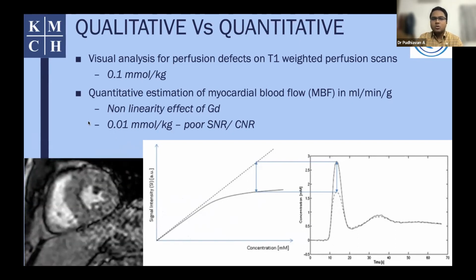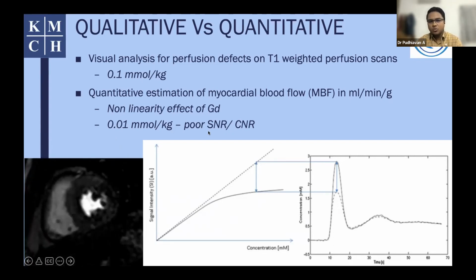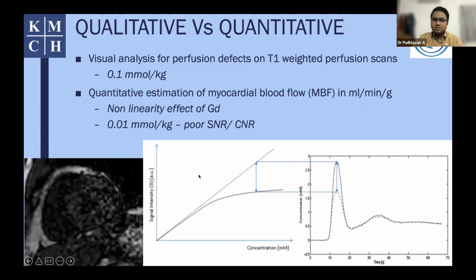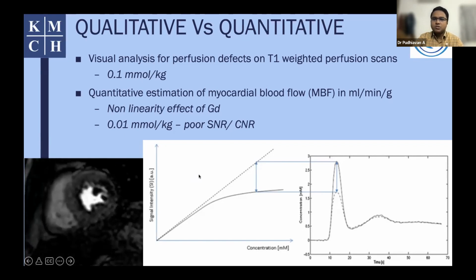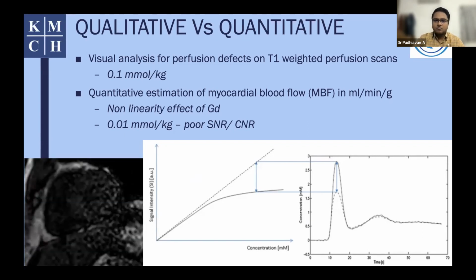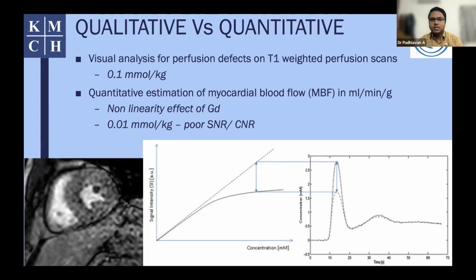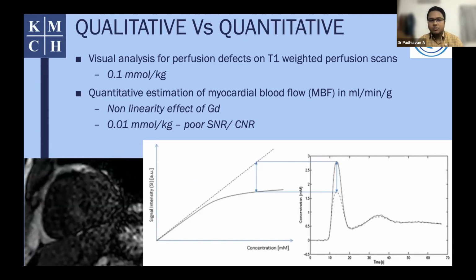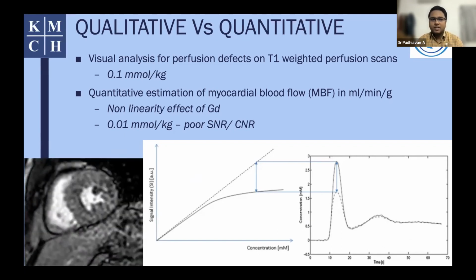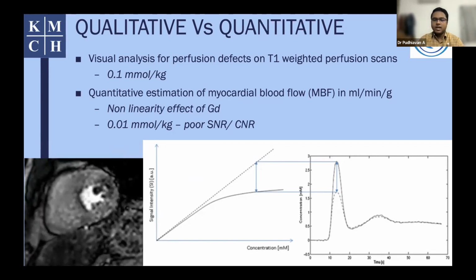But when you use such a low concentration of gadolinium, the image has a very poor SNR and contrast to noise ratio, and the background noise is too high, which poses a significant problem when doing quantitative evaluation. So to summarize, we often don't use quantitative analysis for myocardial perfusion imaging, and we mostly rely on qualitative analysis because of this drawback that the quantitative estimation of myocardial blood flow has.